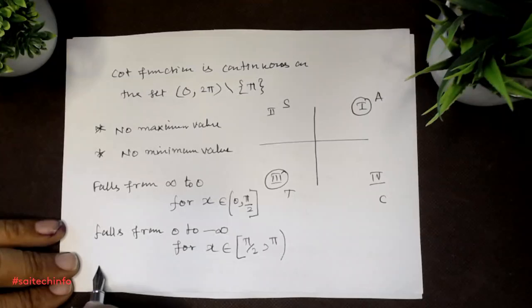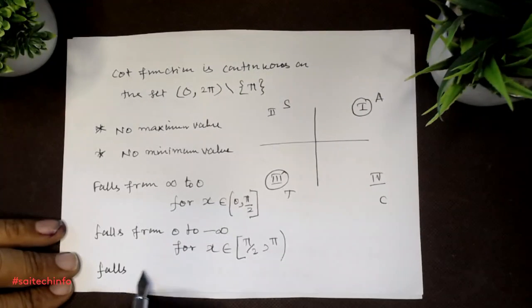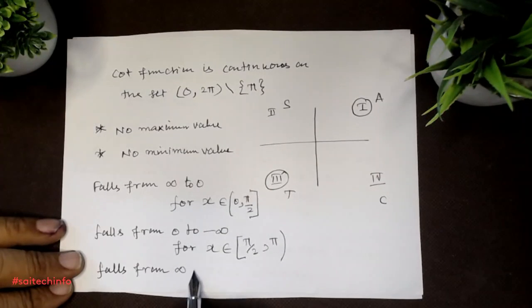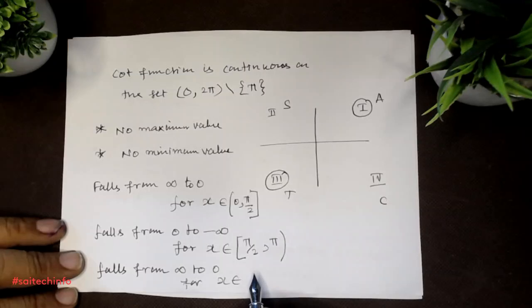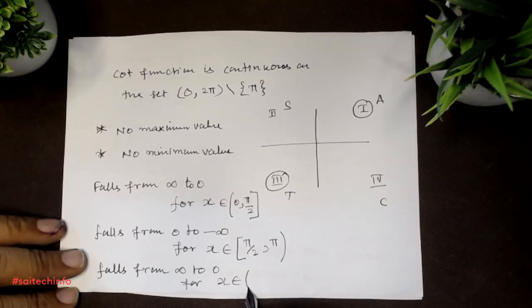Then it falls from infinity to 0 for which value? For x that belongs to the interval pi, 3 pi by 2, open at pi and closed at 3 pi by 2.